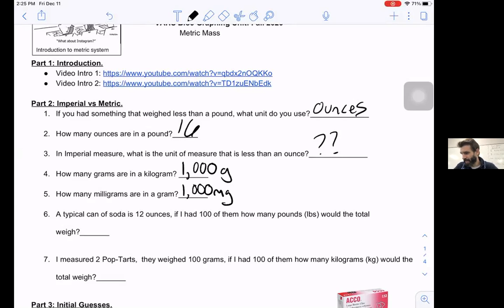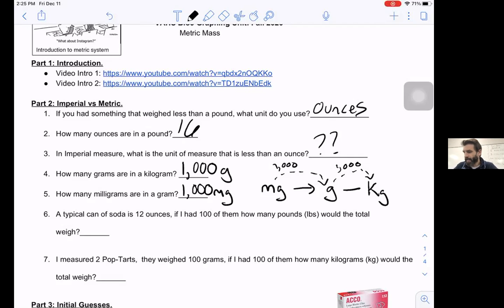So it's milligrams to grams to kilograms. I know there are 1,000 milligrams in a gram and 1,000 grams in a kilogram. So those of you at home might recognize that there are 1,000,000 milligrams per kilogram.